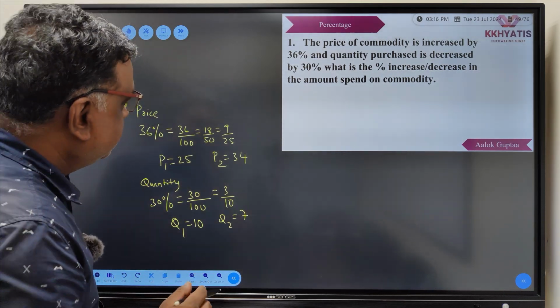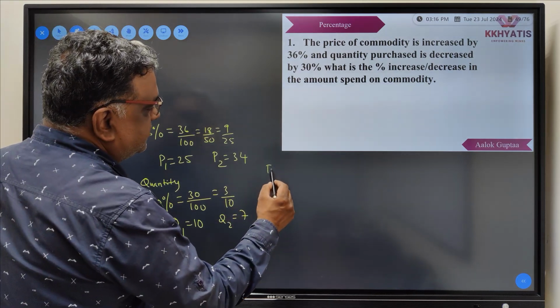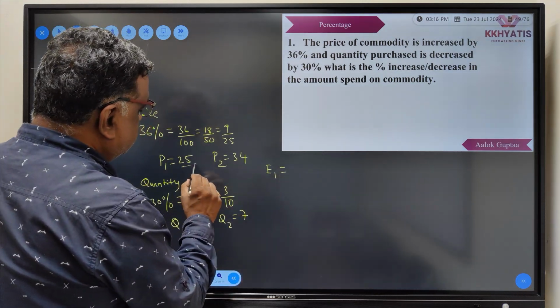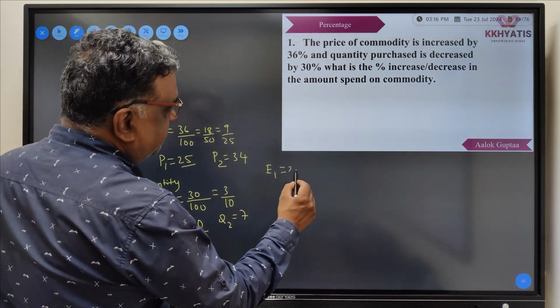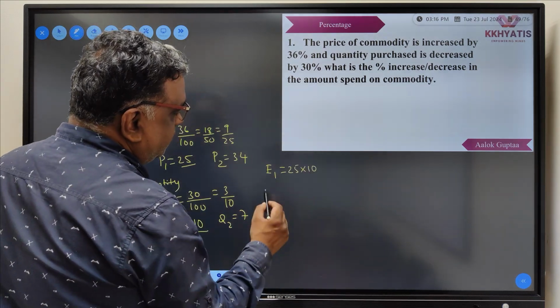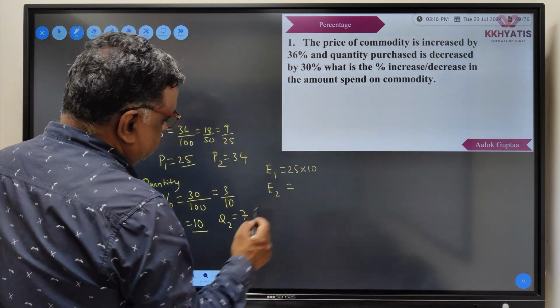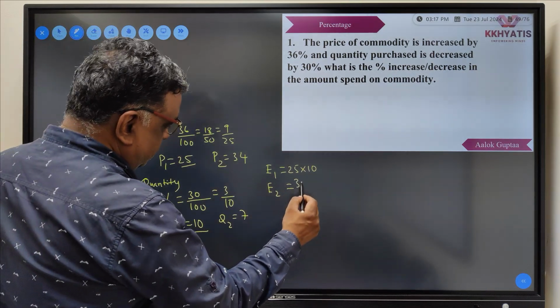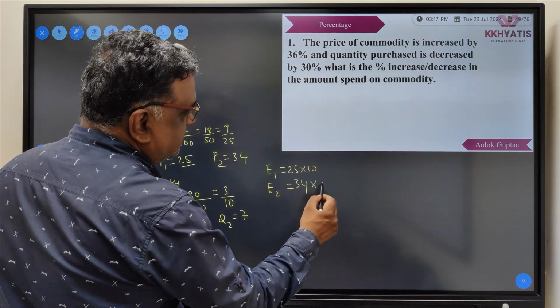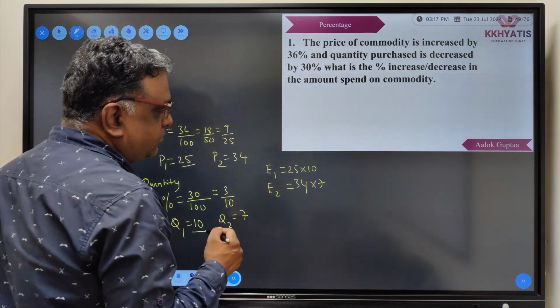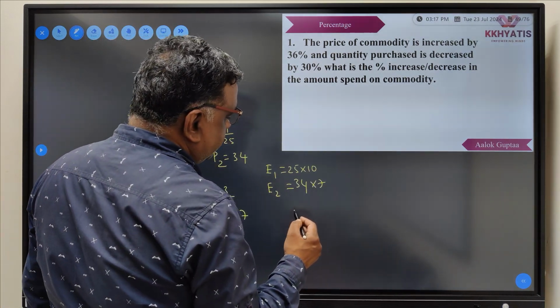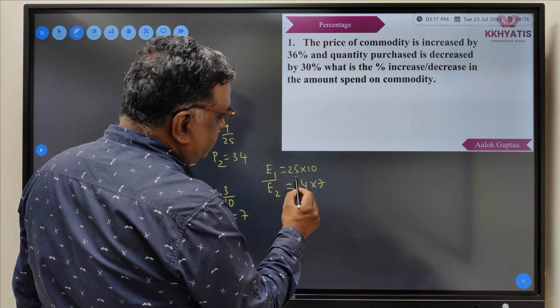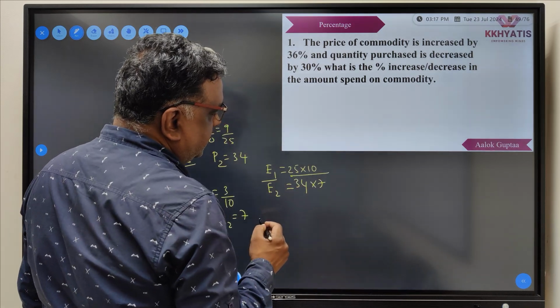Now I have to find my expenditure. Expenditure 1 is price 1 into quantity 1, which is 25 into 10. And expenditure 2 is price 2, that is 34, into quantity 7. Which means if I calculate E1 upon E2, what will be the answer?